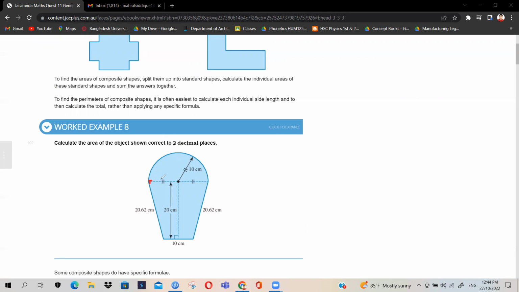This would be our semicircle, and this would be a trapezium. For the semicircle, we do pi r squared divided by 2, which equals pi multiplied by 10 squared, 10 is our radius here, divided by 2. So we've got the one portion.